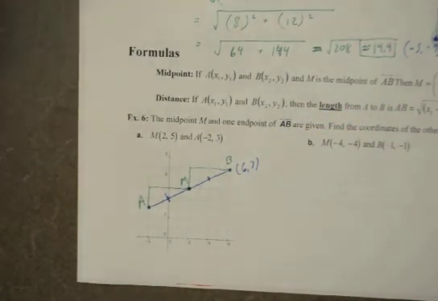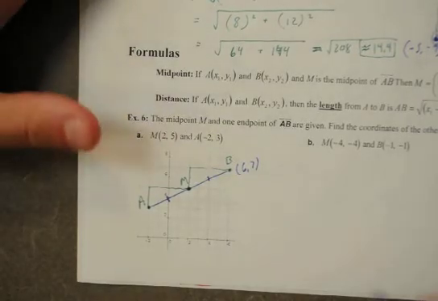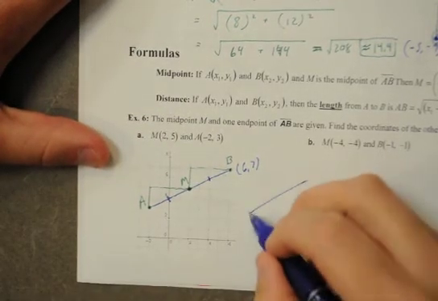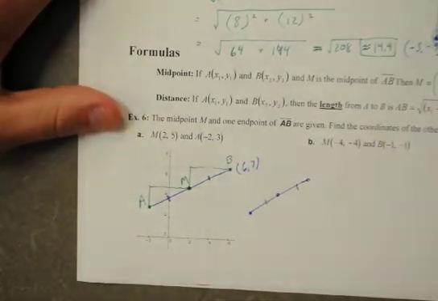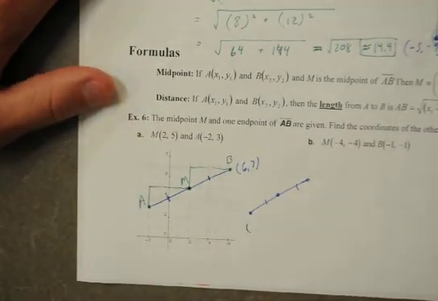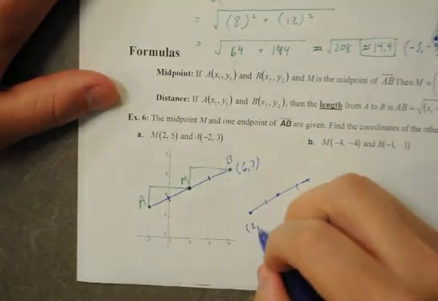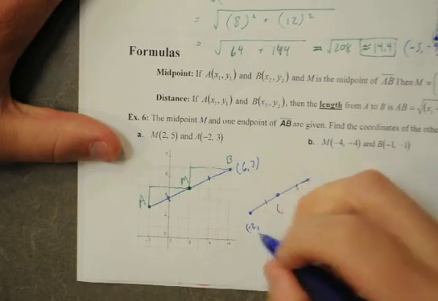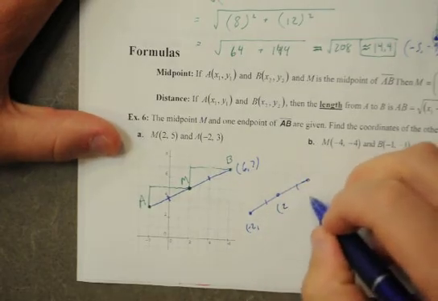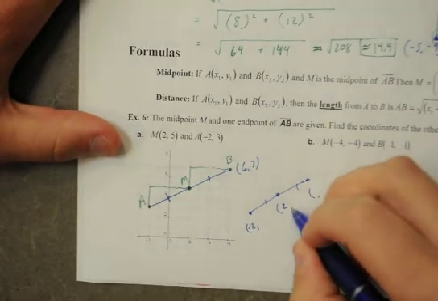Alright. There's another way to do that as well. And that is you just draw a random segment like this, and you look at the points. This is, oops, this is negative 2, this is 2. What's that point have to be?